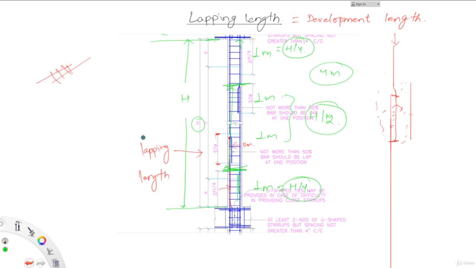And why is that? Because if this is your column, and you see the bending moment diagram of this column, you can model the column in ETABS, apply the loads, analyze it, and you will see the bending moment diagram something like this.